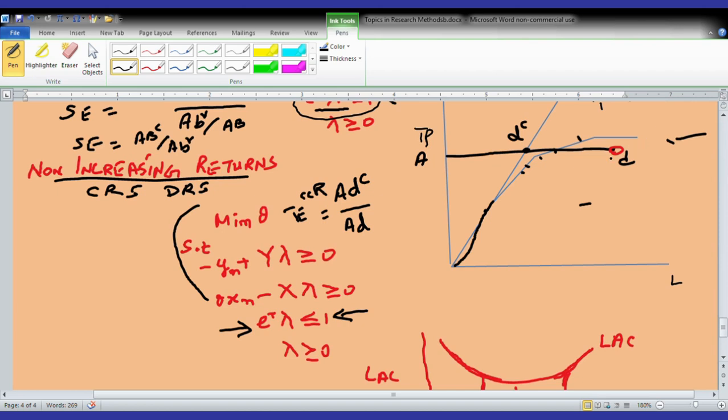Using this model, the nature of the scale inefficiency for the firm can be determined by comparing the non-increasing returns to scale technical efficiency score with the BCC technical efficiency score.